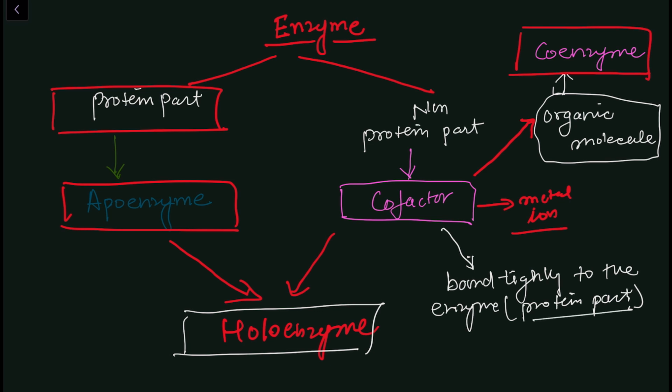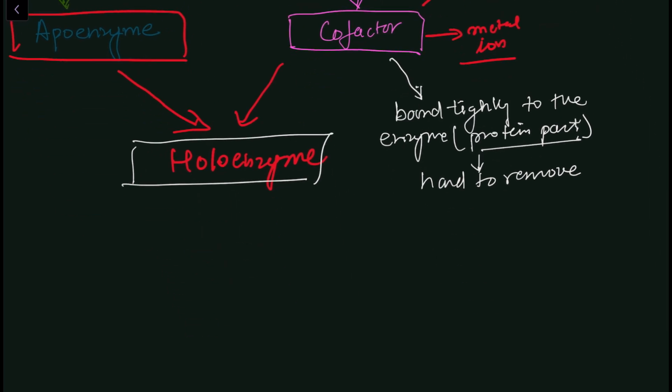In those conditions, it is hard to remove this part without damaging the enzyme. So in those conditions, this part is known as prosthetic group.